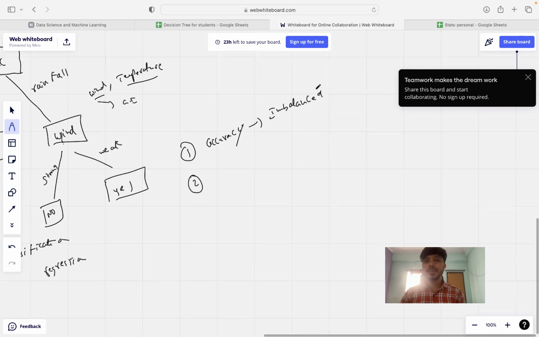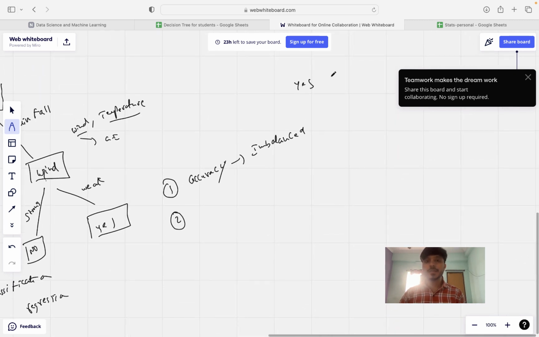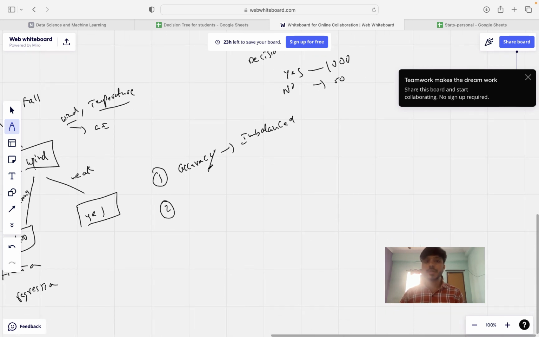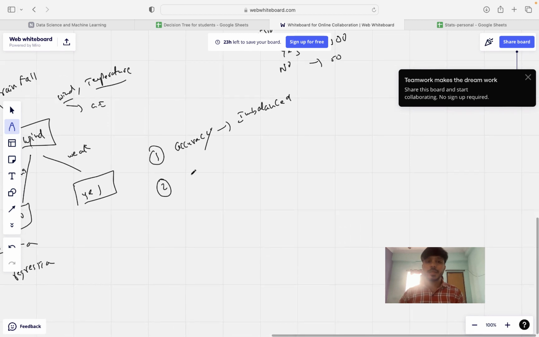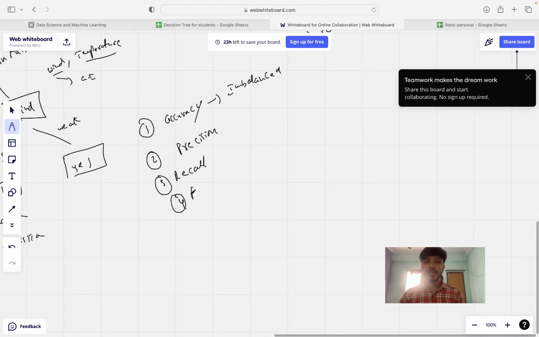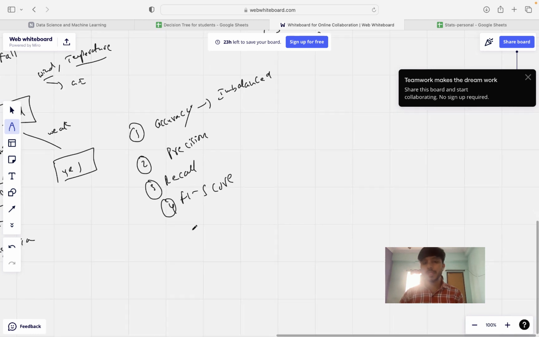Imbalanced means, let's say you have 1000 yes class and only 50 no class in your decision column. So this data is imbalanced, and you cannot rely on accuracy at that time. You can prefer a precision metric, a recall metric, an F1 score metric, or the ROC AUC curve.